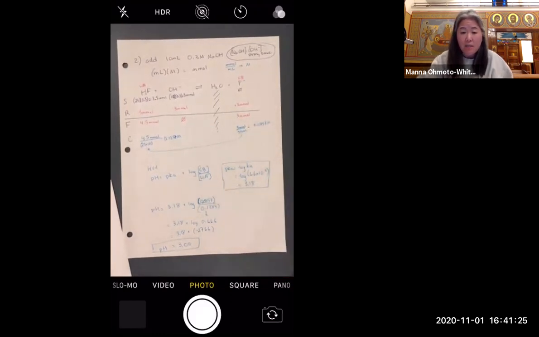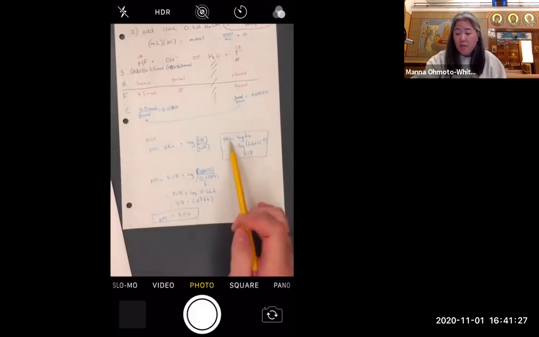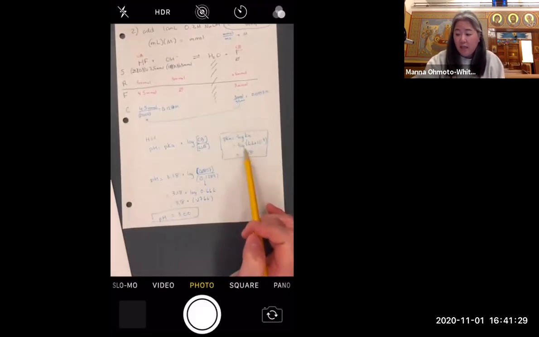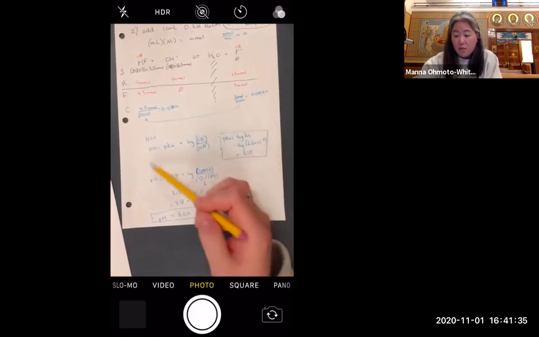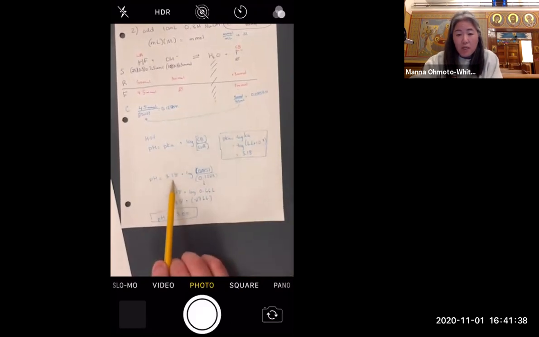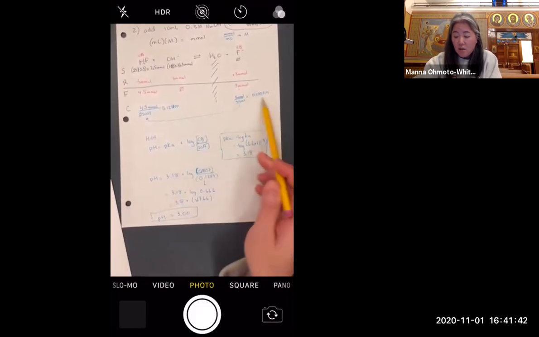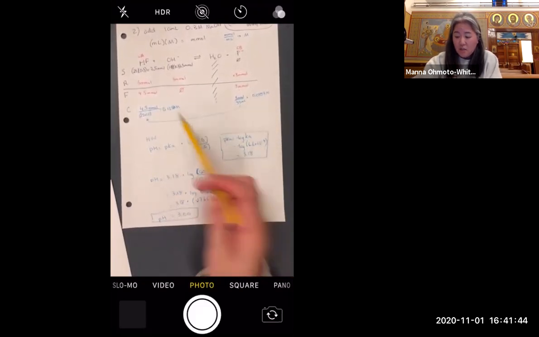I now plug it into my Henderson-Hasselbalch. So pKa is the negative log of my Ka. My Ka was 6.6 times 10 to the negative fourth, so the negative log of that is 3.18. So my pH is equal to 3.18 plus the log of my conjugate base over my weak acid concentration.